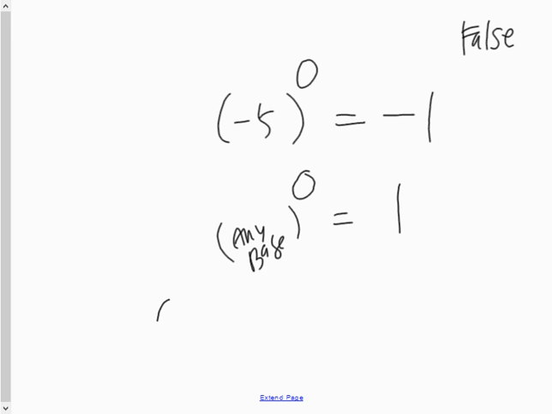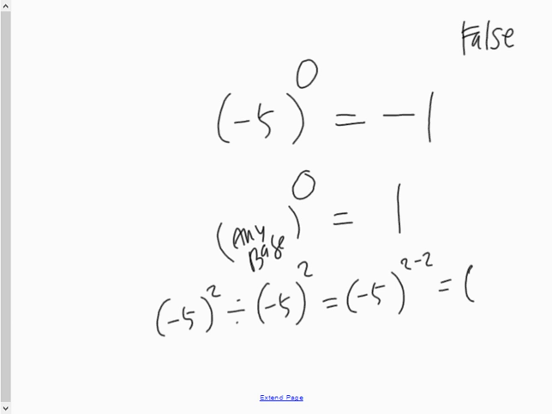Because if you use your rules, so if I was to divide these two and think about what this would be, this would be -5, so I would keep the base, because I'm dividing like powers, keep the base and subtract your exponents, that's our law, and you would have -5 in brackets to the exponent of 0.